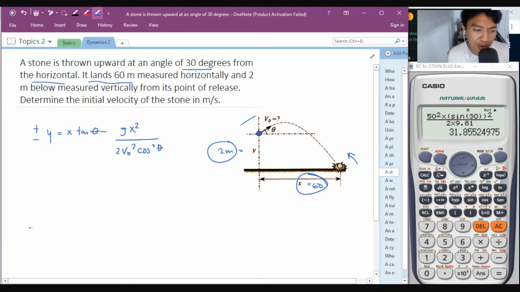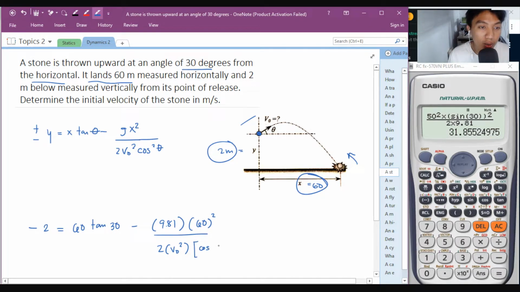So, let us substitute. Negative 2 equal to x, that is 60, tangent 30, minus g, that is 9.81 if in SI, and then x is 60 squared over 2 V0 squared cosine 30 squared.